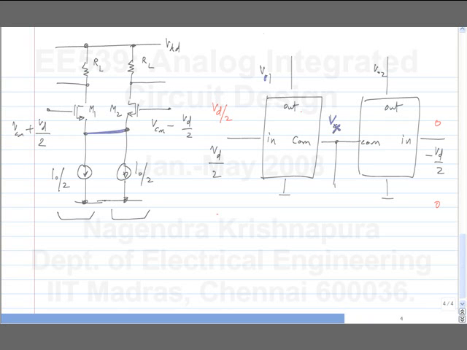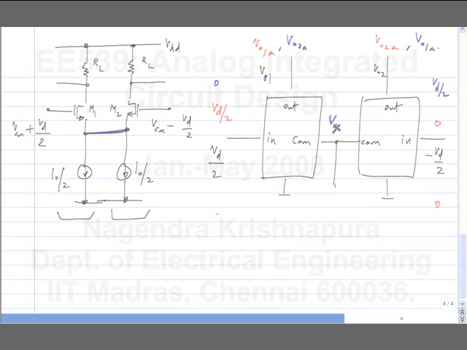I don't know what I'll get, but let me call it just VO1A and VO2A. And if I apply 0 and Vd by 2, just the two voltages will be interchanged. I'll get VO2A here and VO1A here, because again the two circuits are identical.